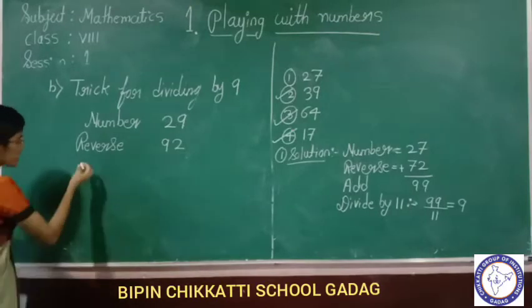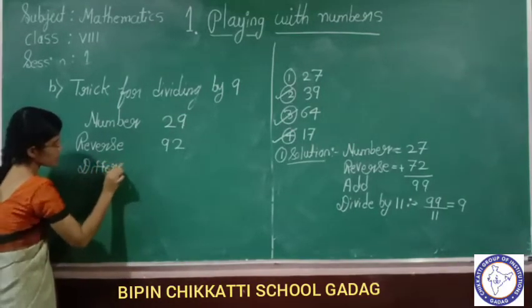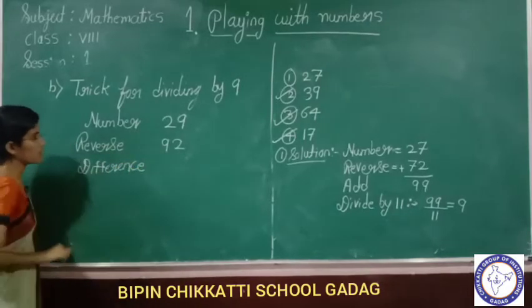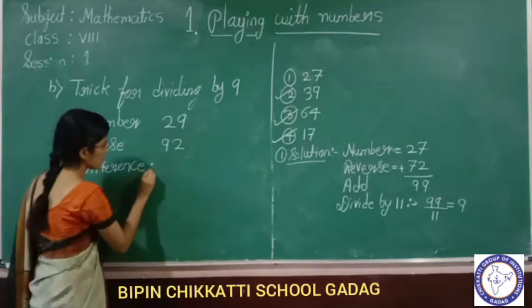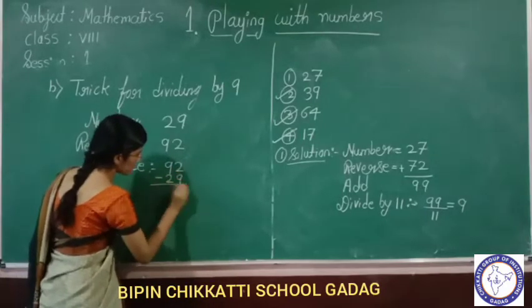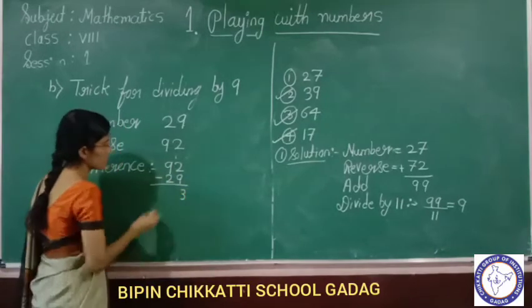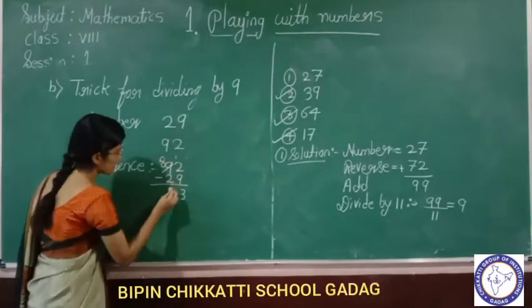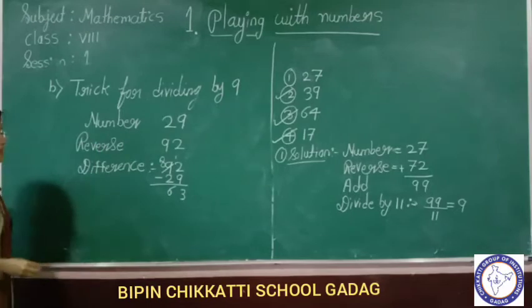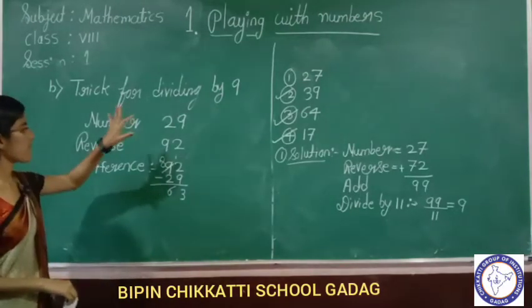Take the difference. Difference means what? Subtraction. Take the difference, that is 92 minus 29. 12 minus 9 is 3 and 8 minus 2 is 6. Answer is 63. Now see here, divide this by 9.